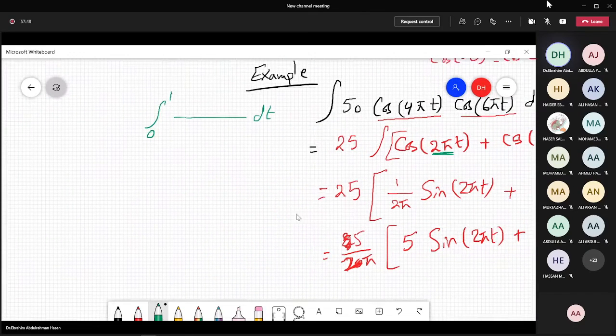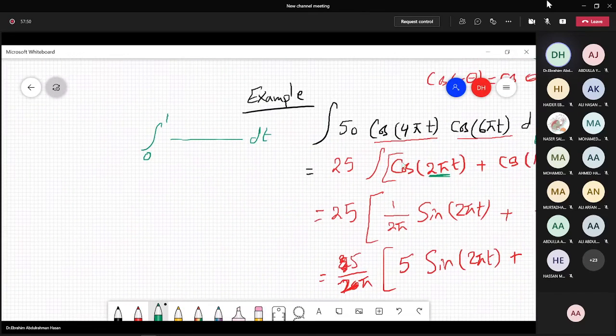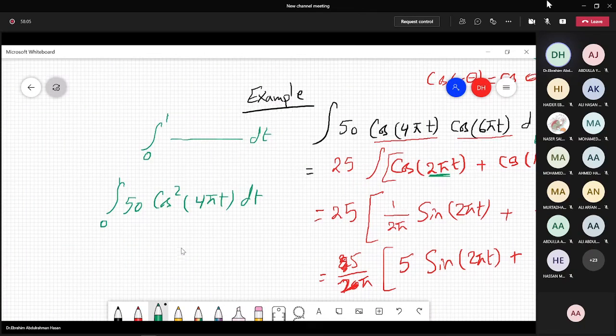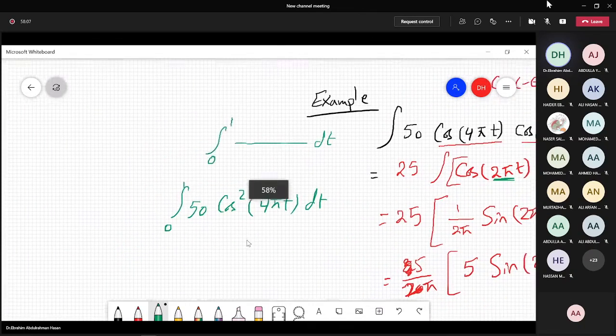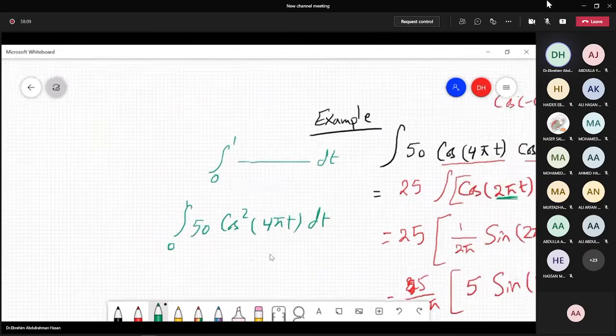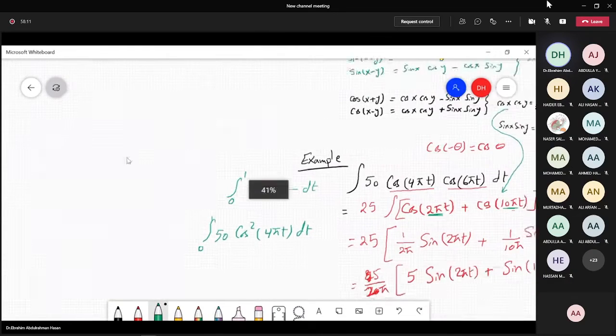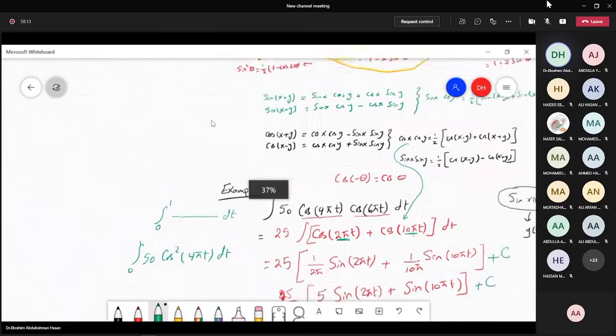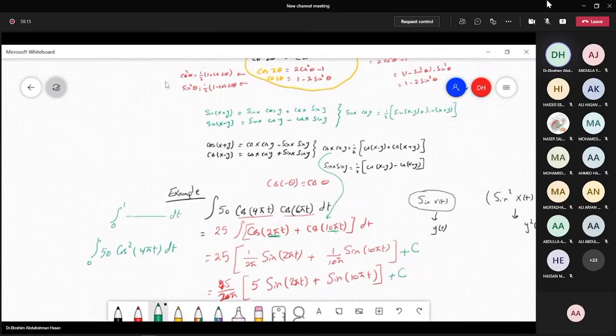Also solve the integration from 0 to 1 of 50 cosine square 4 pi t dt. For this we need to use the property we wrote earlier, this one.